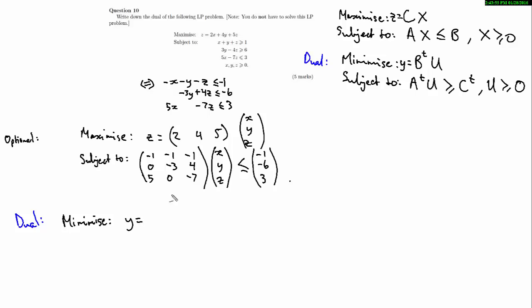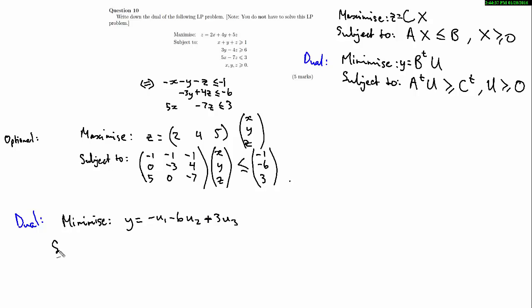So our new objective function is the transpose of this matrix B as our new cost coefficients for our variables U1, U2, and U3 in this case. Notice that there'll be 3 new variables as we have a 3 by 1 matrix here. Okay, so let's write out this objective function. So we have minus U1, minus 6 U2, and minus 3 U3.